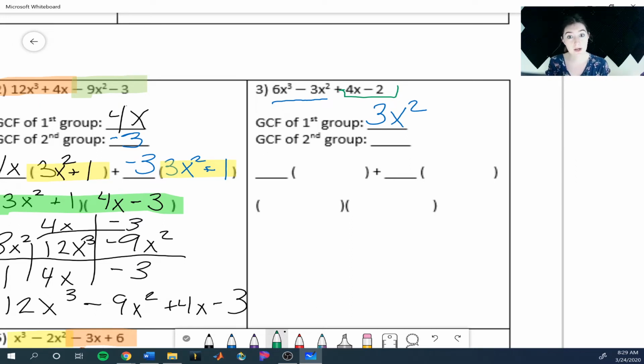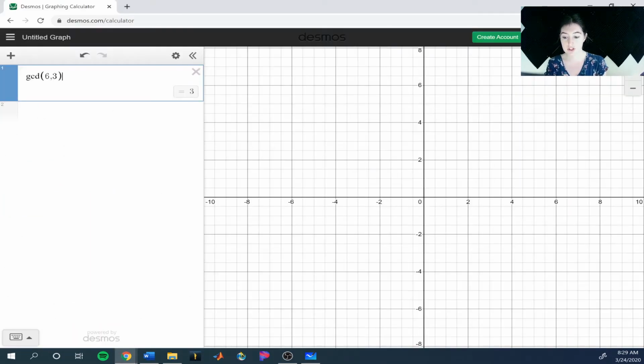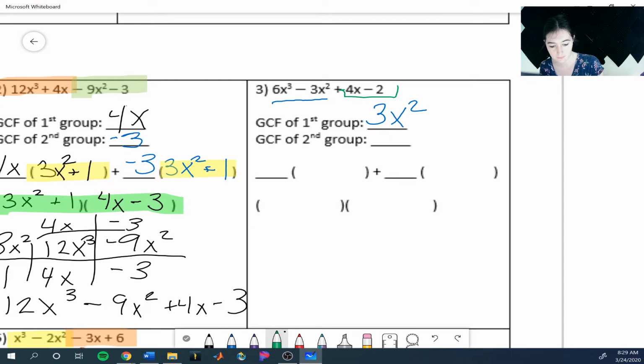If you don't know off the top of your head, we use a handy tool called Desmos. We type in GCD, parenthesis 4, comma 2, and we get that our GCF is 2. And we have x, and then minus 2 doesn't have a variable on it. So are we going to be taking out any variables for our GCF? No, we will not, because they both need to have it or not. So we just have 2.